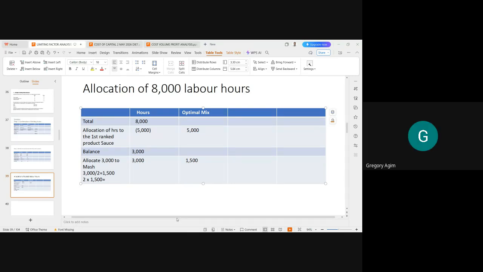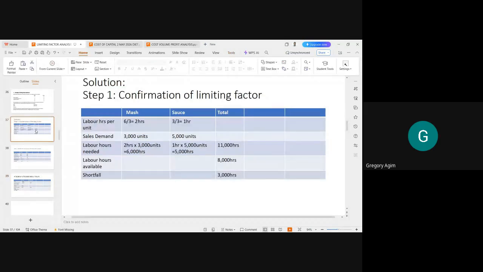Mesh. Fine. How many hours do you need to produce 1 unit of mesh? We have 2 hours there. So if I give you 3,000 hours to produce mesh, how many units can you come up with?